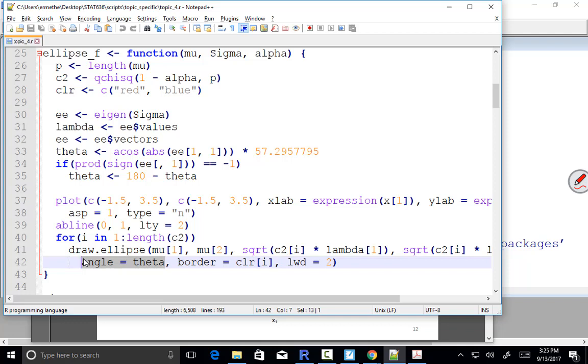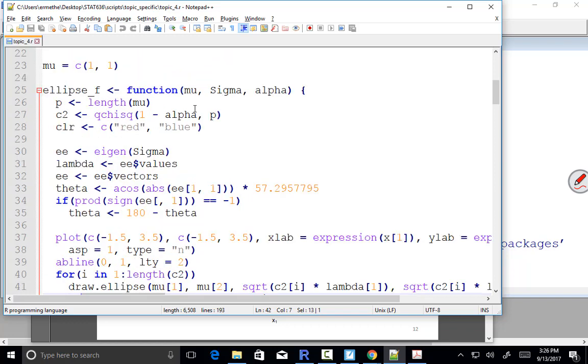So one way to use draw.ellipse is to figure out the angle between the eigenvectors and the original xy axis. So basically this is saying go to mu, that's the center point, then go out this amount for the primary axis and that amount for the secondary axis, and then rotate the whole thing by the appropriate amount.